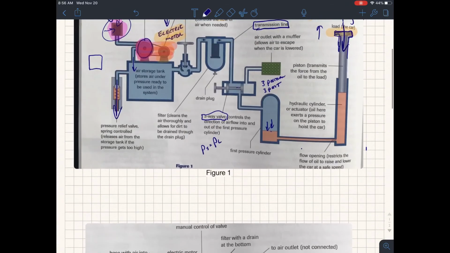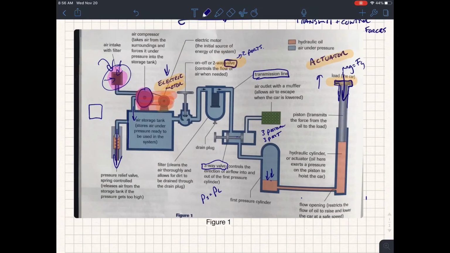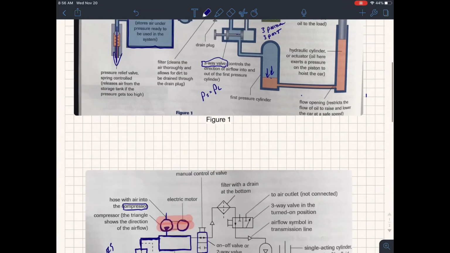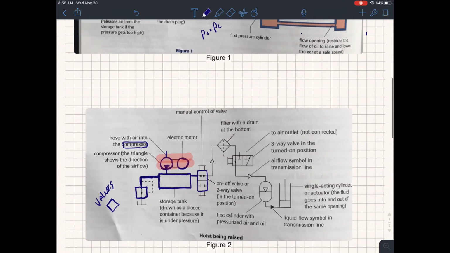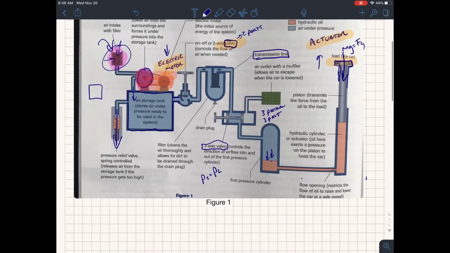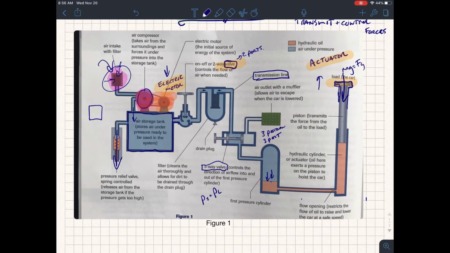So you'll remember there's our storage tank, and there's a short section of transmission line, and this is going to go into this guy right here, this filter. The air comes in, goes through, continues on. Dirt particles can fall down, and we can exit that.